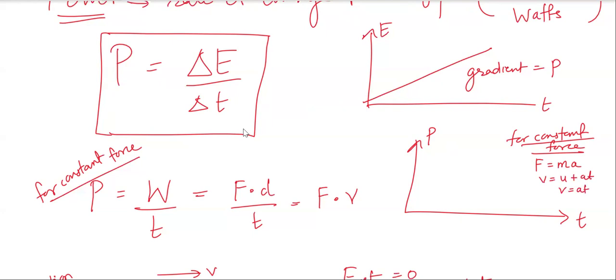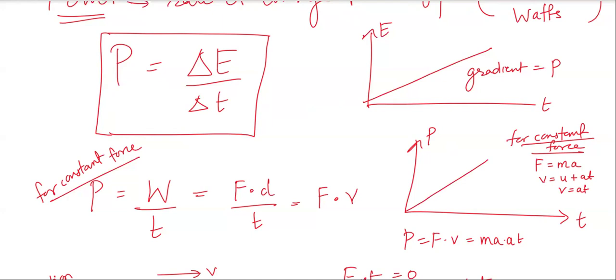Power is equal to F times V, so F I can write as ma, which is a constant, and velocity I can write as at. So the power will be continuously changing with time.